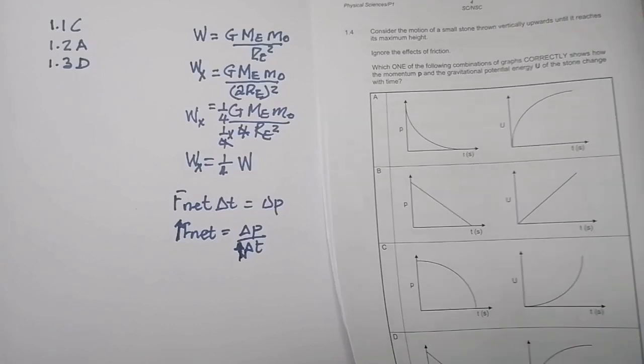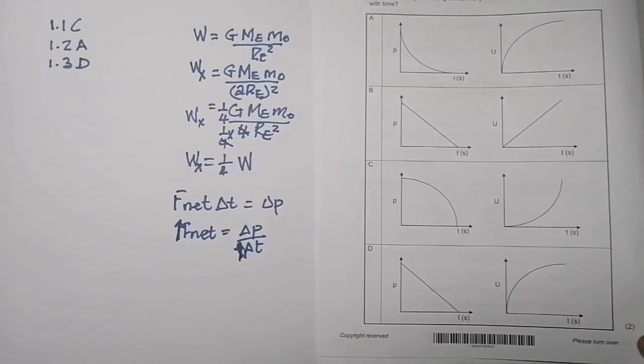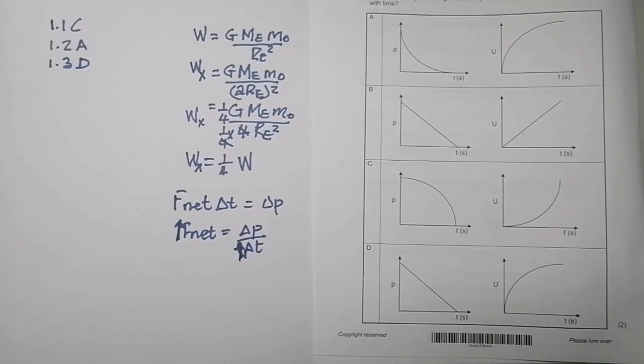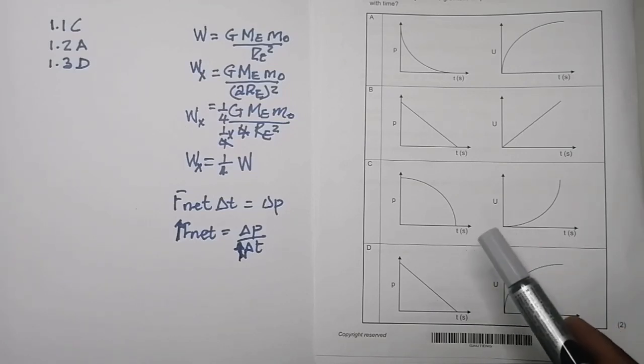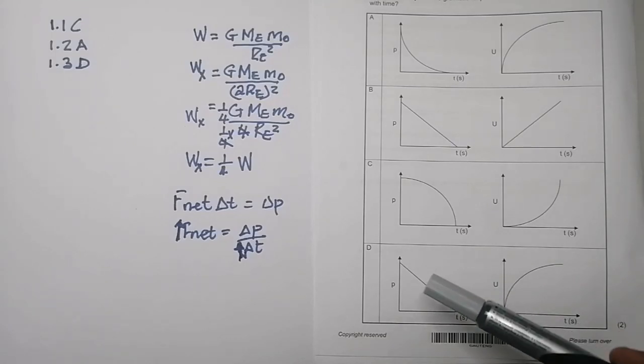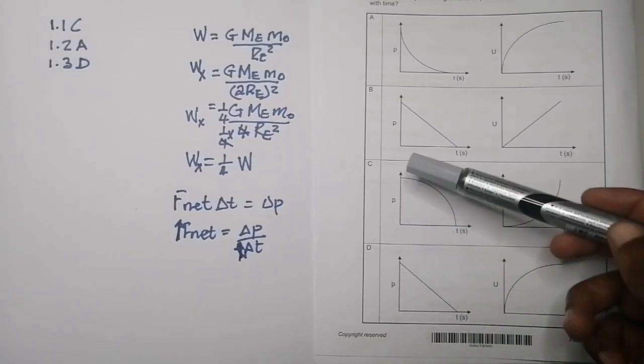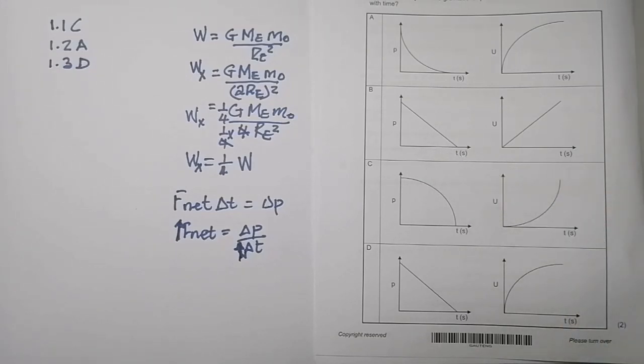Now, when I look at those graphs, if you think about gravity, or rather its change in height, as it goes up the velocity decreases, and it will get to the point where it actually stops when it gets to maximum height, right?